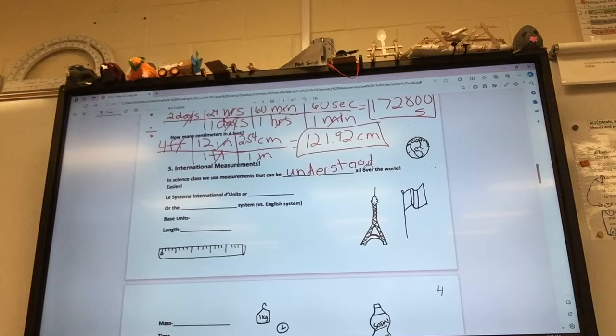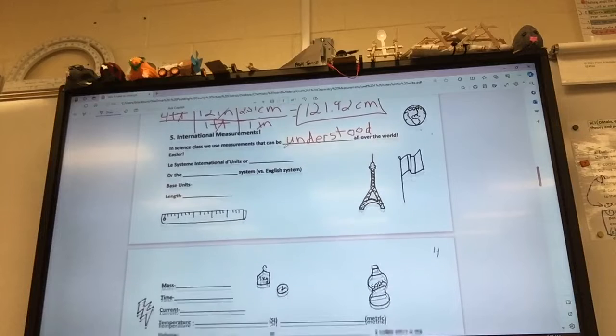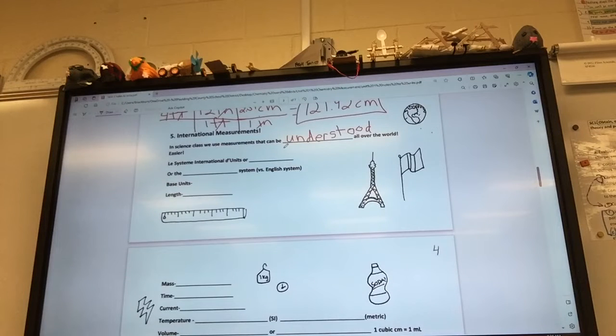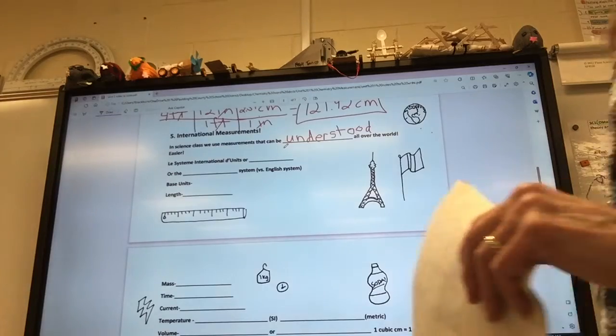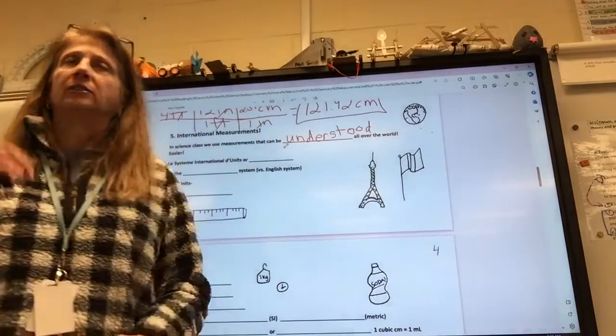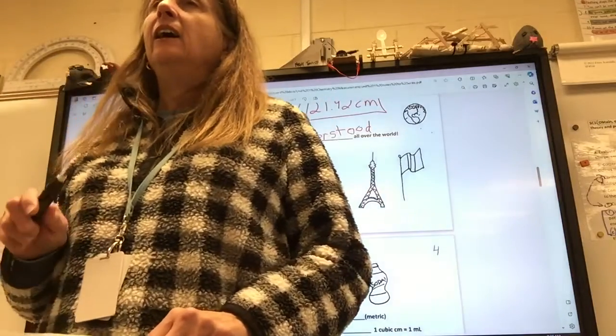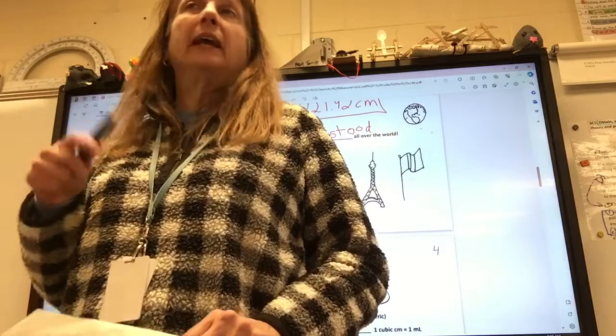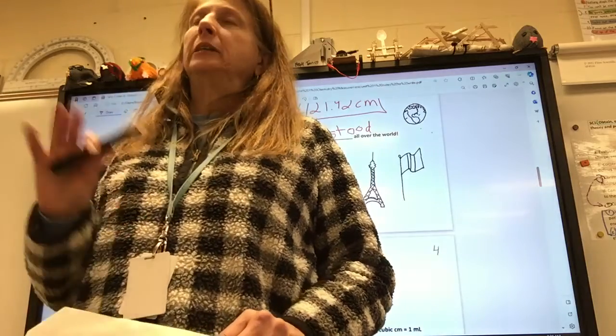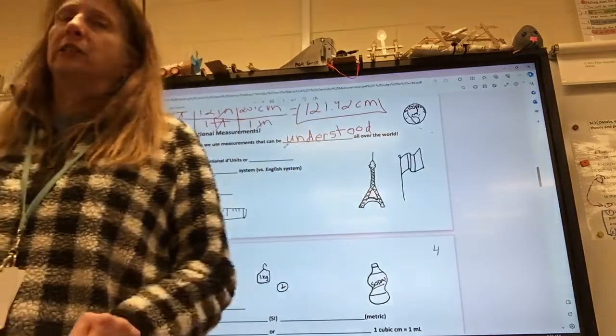Woohoo! Okay, in science class we use measurements that can be understood all over the world. I told you all my kids are in college right now, and the oldest, Nathan, is at Georgia Tech in the PhD program, getting his doctorate in chemistry. Very proud of him. He will watch videos of people in India doing chemistry, and they are not speaking English, and he doesn't know Punjabi or any of those Indian languages.